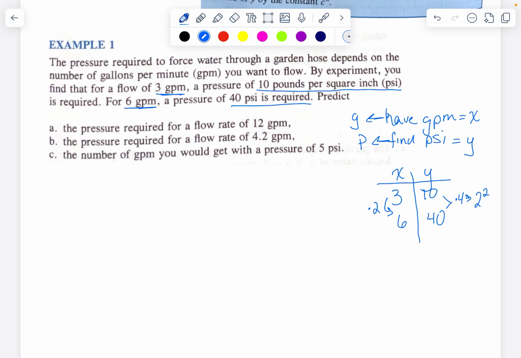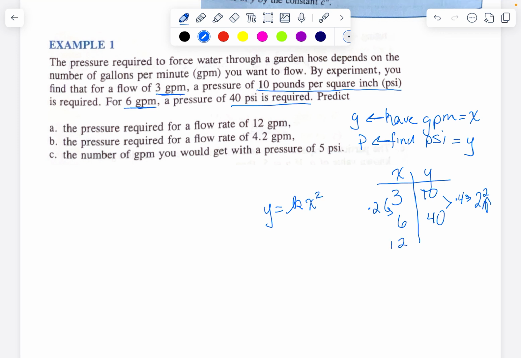So we know if we multiply x by 2, we're multiplying y by 2 squared, which makes me believe that my function is going to end up being y equals some constant k times x squared.